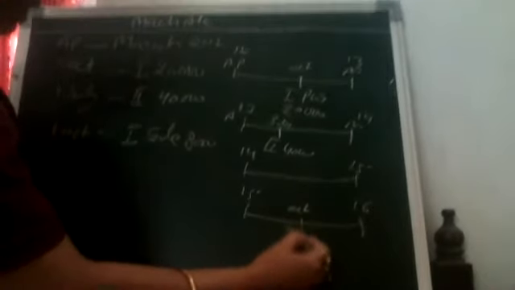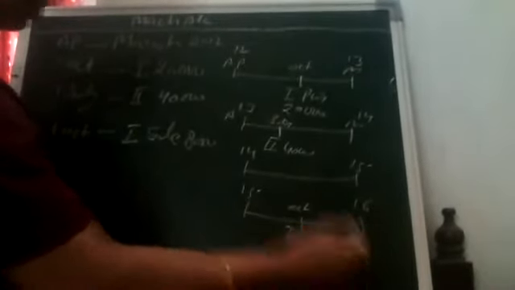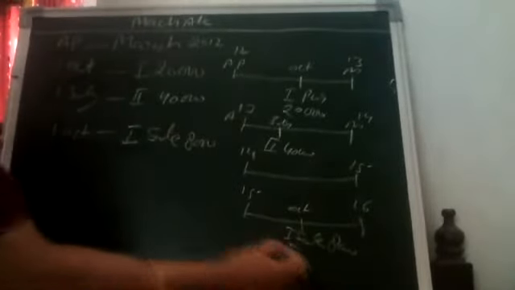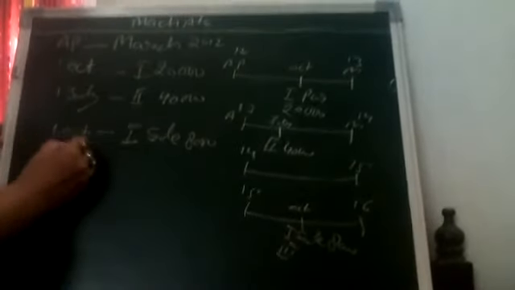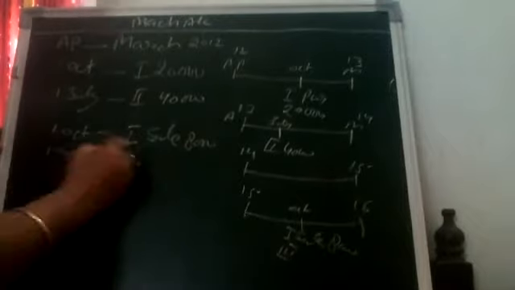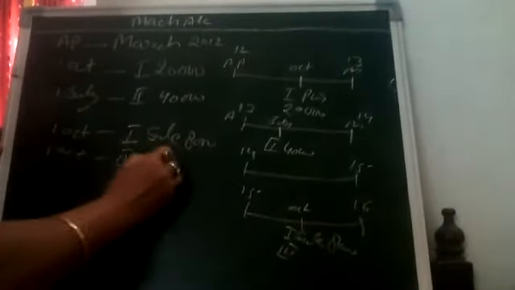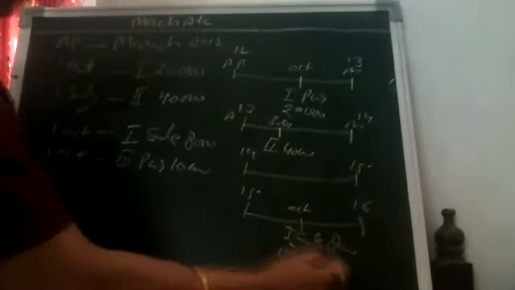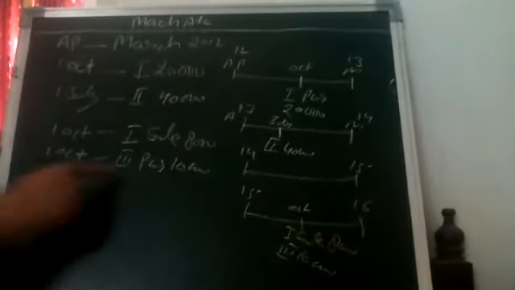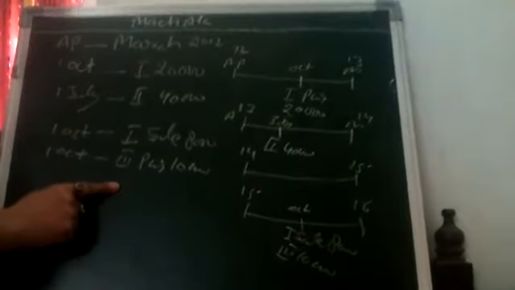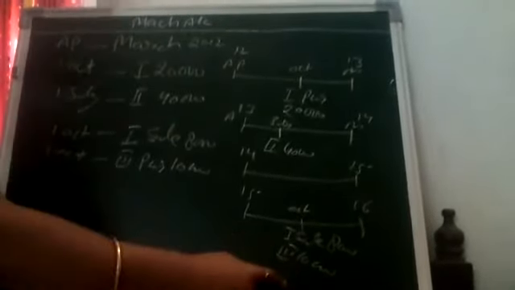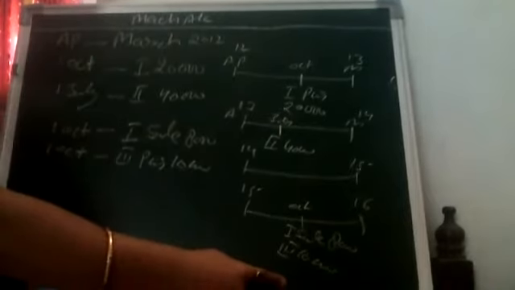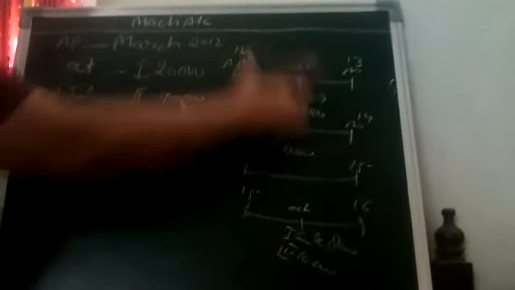And on the same day, on 1st October, the third machinery was purchased for 10,000 rupees. The question we were doing yesterday with the straight line method, the same question we will do with this method, diminishing value method.